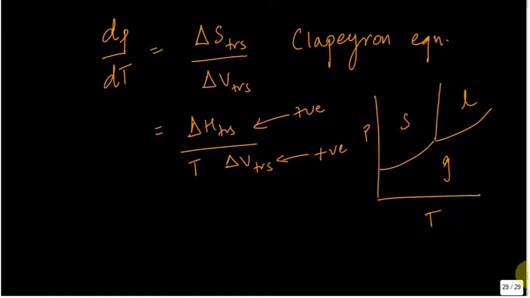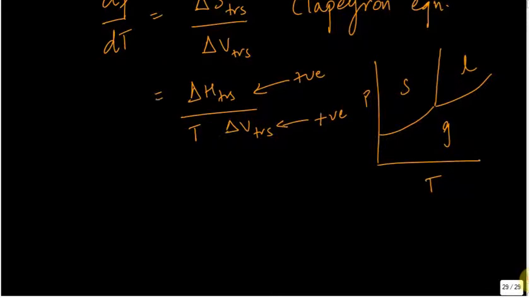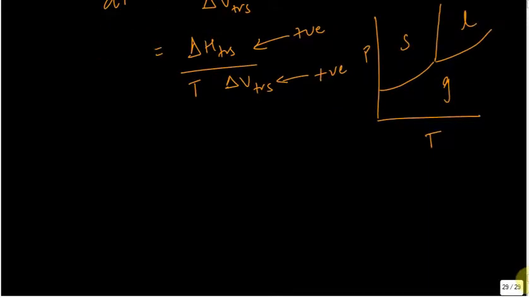So in case of a solid transformation, I know it's a straight line, so I should get a straight line equation, of course. And I know that delta H of fusion is some finite number, okay? And delta V of fusion would be a very small number because the volume of solid and the volume of liquid are not much different, right?